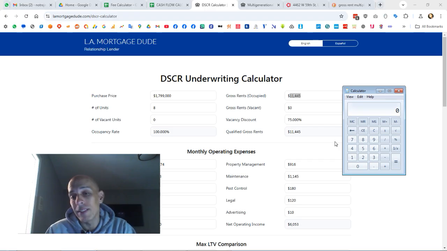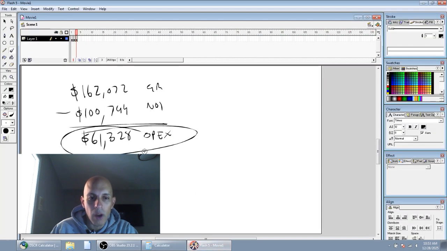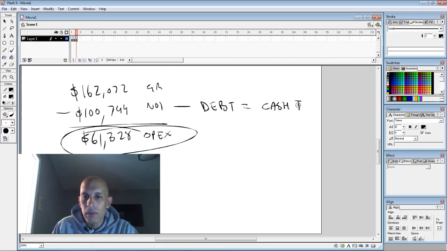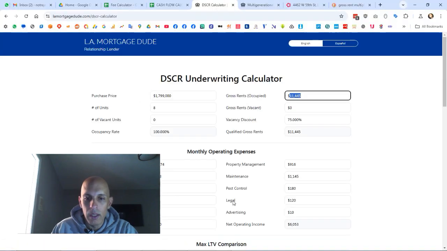But you may decide not to get your hands on this property if the financing isn't right, because your debt costs are deducted from this number right here, from the NOI. NOI minus debt is equal to cash flow. But to figure out the debt, we need to punch all these numbers in.